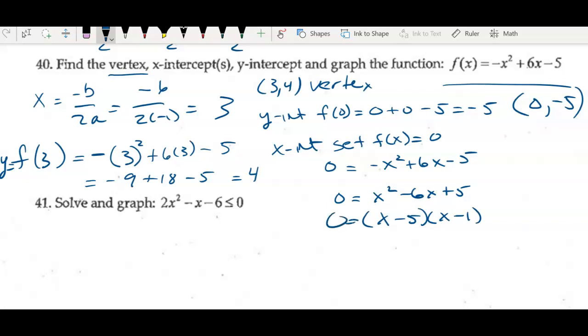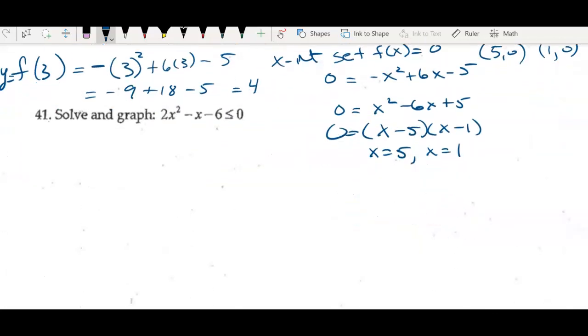And you can factor it into x minus 5 and x plus 1. Notice this is a quadratic, so it's very common that we would get 2 x-intercepts. My 2 x-intercepts are (5, 0) and (-1, 0). Remember, these are points. Write them as points.